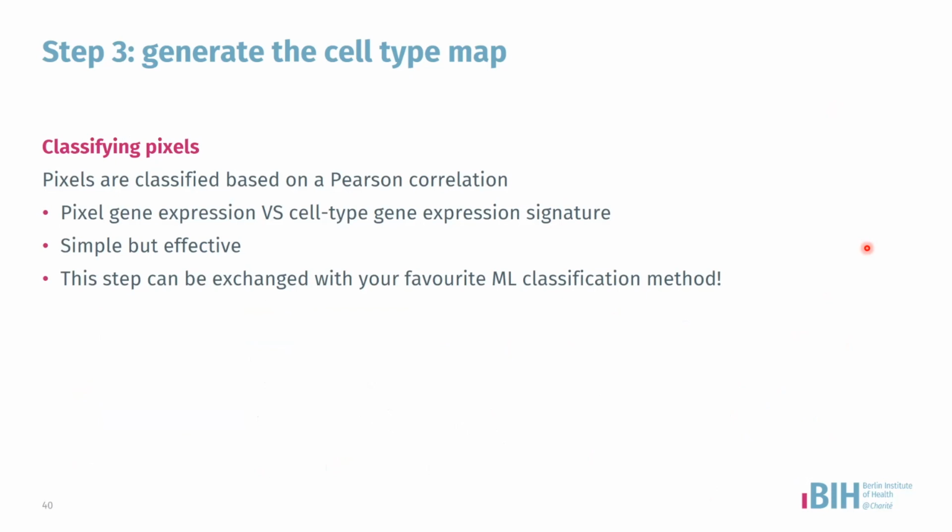With regards to the classification of pixels, this can adopt any sort of model that you're interested in. In the end, we settled for Pearson correlation. This is probably the simplest way to assign a cell type to a pixel, but we found that it worked really effectively. But this can be exchanged with any classification method that you prefer.